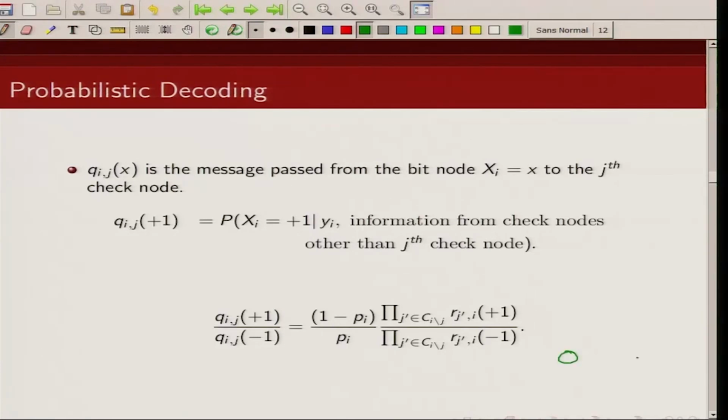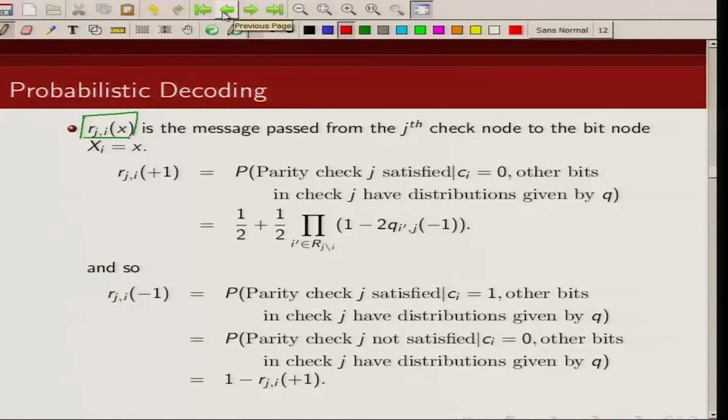So, if I draw any Tanner graph, let us say this is some graph I am drawing. There is one set of messages which is going from the message nodes to the check nodes, and another set of messages which is coming from the check nodes to the message bits. So, we are denoting by Qij the message which is passed from bit node i to the jth check node, and we are denoting by Rji the message which is passed from the check node to the bit node.